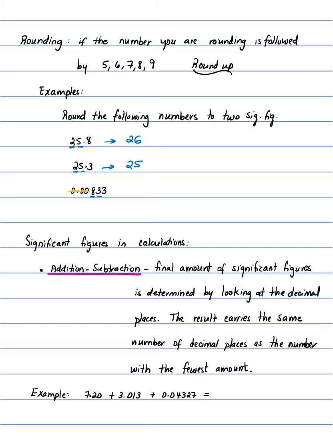So you're rounding to 2 significant figures. All of your zeros are not significant. Then we have 8. And then the last digit that you want to keep is the 3. And that 3 is followed by another 3. Since that number is smaller than 5, you don't have to round up. You keep that number as 0.0083.